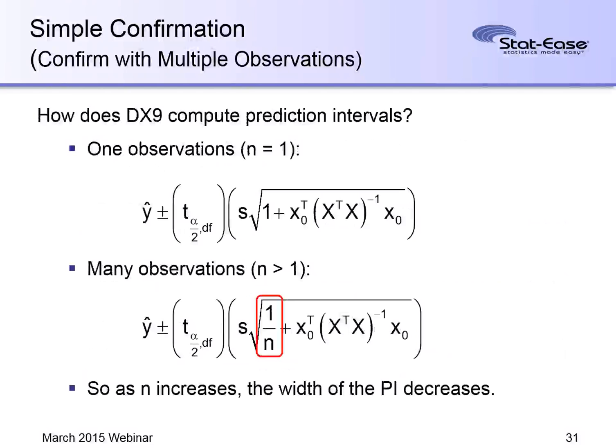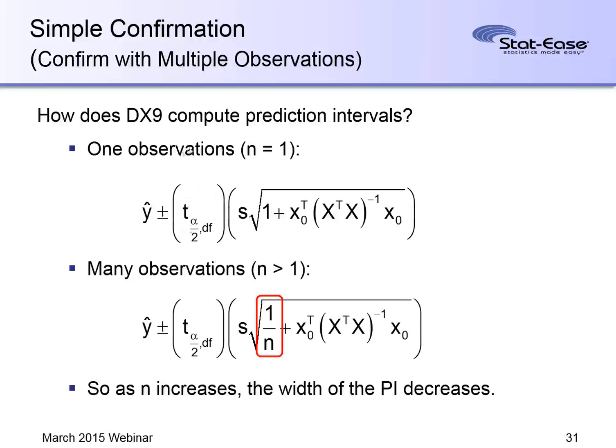Quick statistical detail. How were those prediction intervals computed that we just saw in the previous slides? Well, this is kind of a standard formula. We have the predicted response, we have the error here, and we also have a multiplier that's chosen to achieve a pre-specified confidence level, which in this case would be 95%.